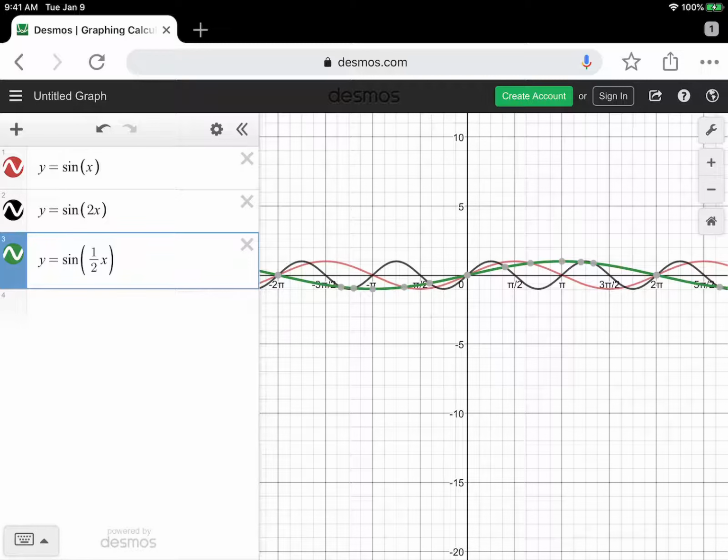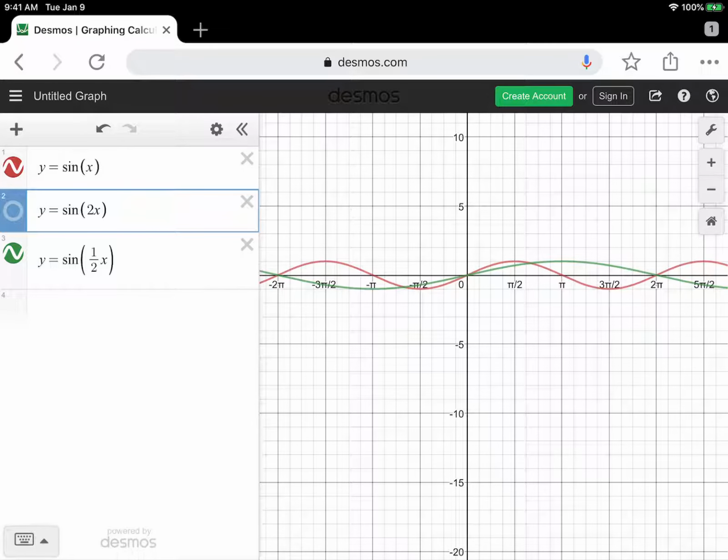Now look at that. If I take away that one, it is taking way longer to get through a cycle, through a period. Where this one, the frequency of the wave is increasing, where this frequency is decreasing. So for the black one, you're going through your inputs twice as fast. For your green one, you're going through your inputs half as fast, taking you twice as long to get through them.